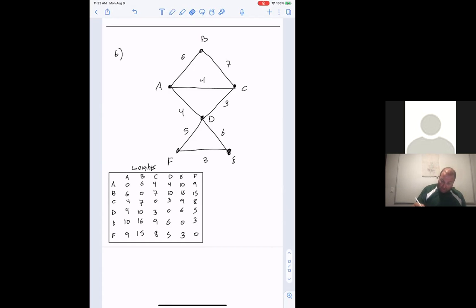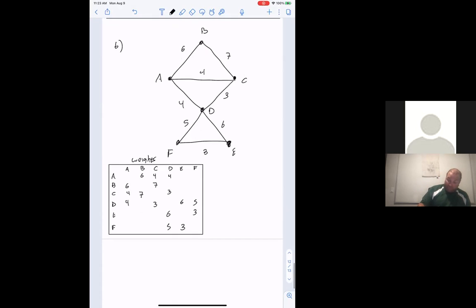A goes to B, goes to C, goes to D, A doesn't connect to E or F. B only goes to A and C. C only goes to A, B, and D. D goes to A, C, but not B. E and F. E goes to D and F, and F goes to D and E. Okay, and so I think this is the issue. What if it's not complete?